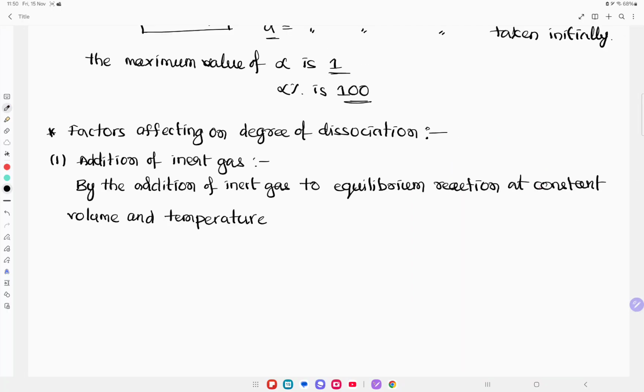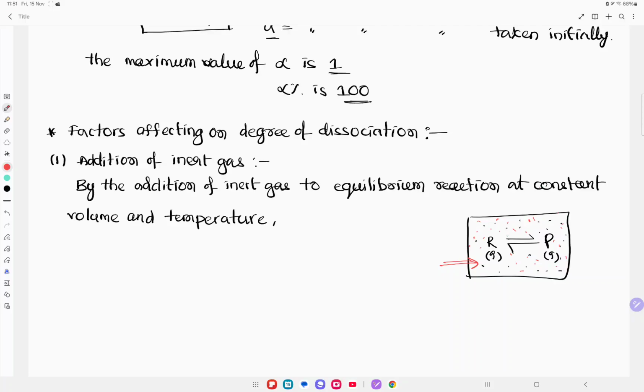By the addition of inert gas, the number of gaseous molecules increases in the vessel. Reactant gas molecules and product gas molecules are already there.